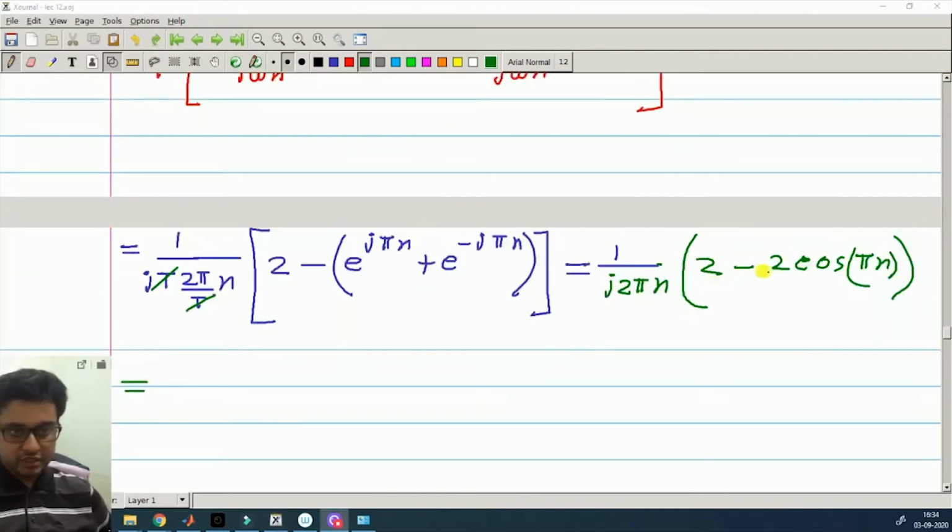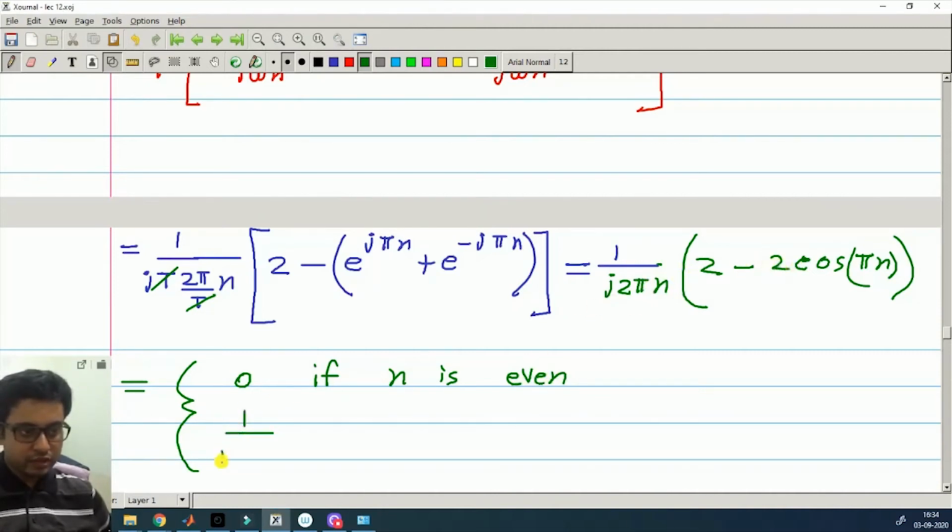Now if n is an even number, then this will be 1, so 2 minus 2 is 0, so we will get 0 if n is even, and if n is odd, then this will be 1 over j 2 pi n, then 2 minus minus 2, so that is 4. So this is what we get.